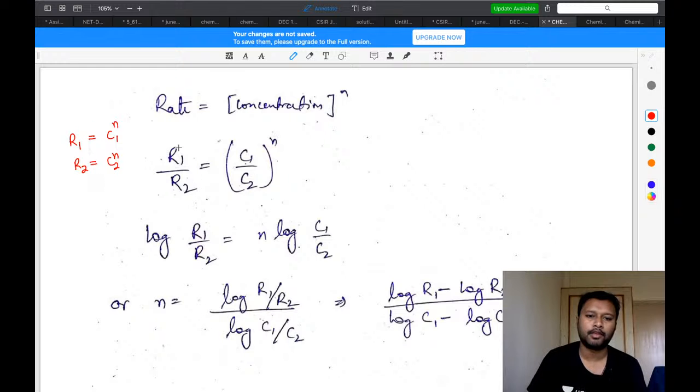If you divide both of them, R1/R2 will be (C1/C2)^n.